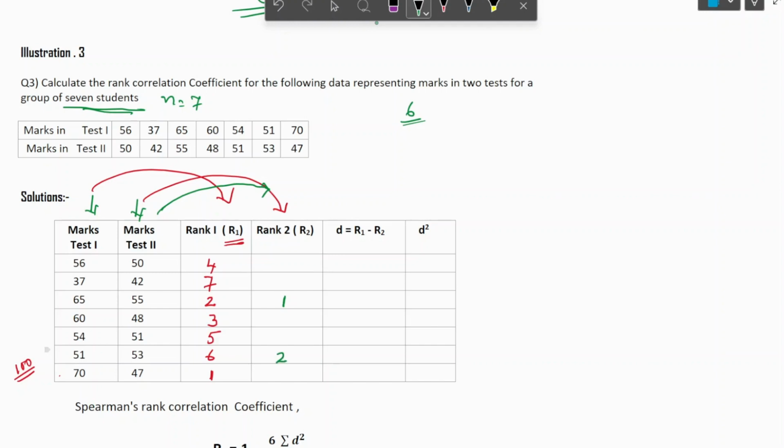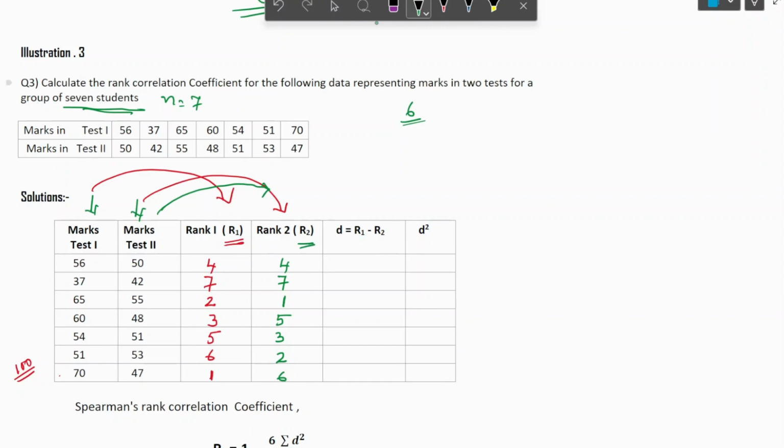Below 53, that is 51, that is third rank. Then 50, fourth rank. Next, here fifth rank, it is coming 48, right? Fifth rank. Next, 47, sixth rank. Last, this is seventh. That means here test 1 marks we converted into rank 1 format, and also test 2 marks, we converted into rank 2 format.